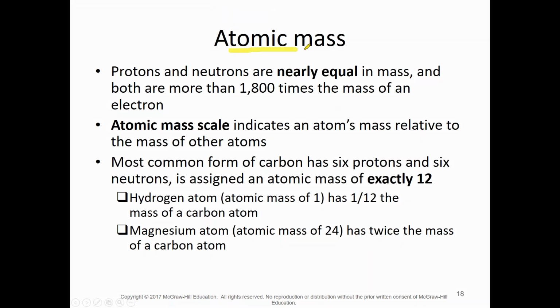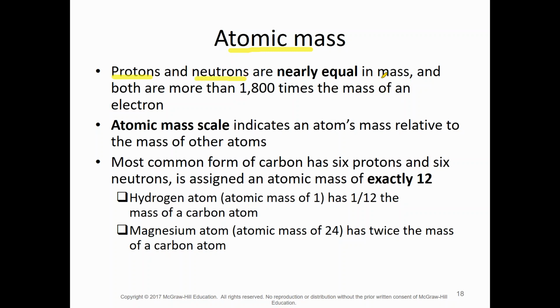Slide 18, atomic mass. We have to have a way of determining the amount of matter in each atom. There are very massive atoms, and there are some atoms that have much less mass. So what determines the amount of atomic mass in a particular atom? Well, it's the number of protons and neutrons.